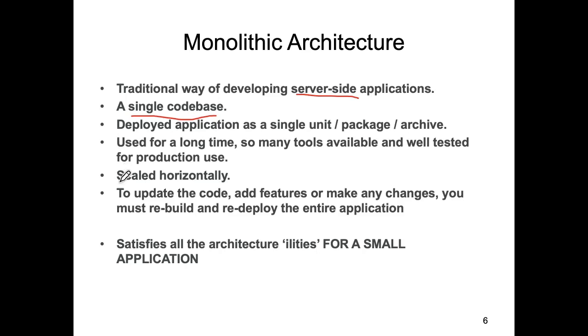In terms of scalability, the scalability happens horizontally. Essentially, you've got to have multiple instances of the application up and running. If you think in the context of AWS, if you think of EC2 and you deploy an application onto EC2, what you're really deploying there is a monolithic architecture application.